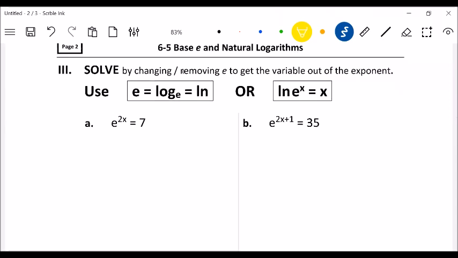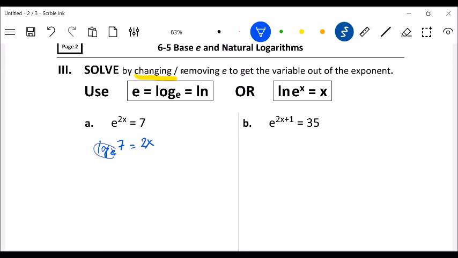Now let's look at a couple of things we can do in order to solve for x. The fact that e and natural log, or log base e and natural log, are all the same helps to solve these things. For this one, I'm going to rewrite it. That means that for the 7 here, I can write log of 7, using e for the base, is equal to 2x.